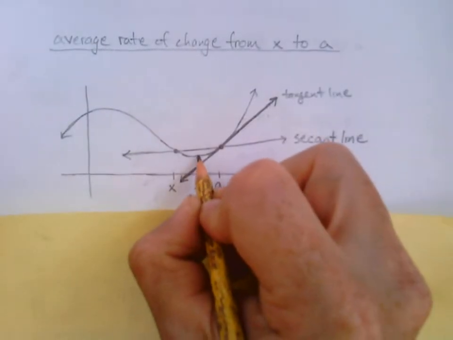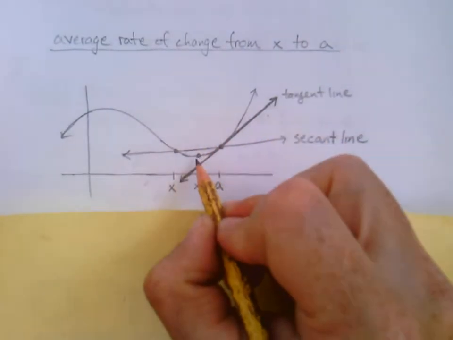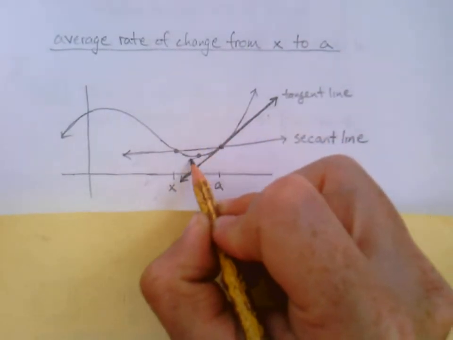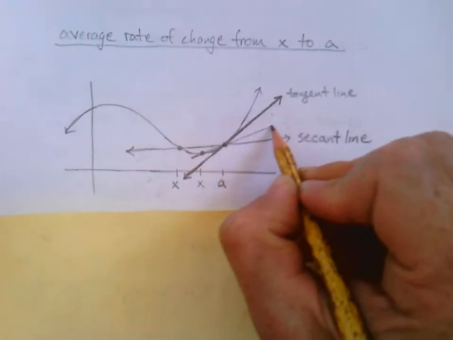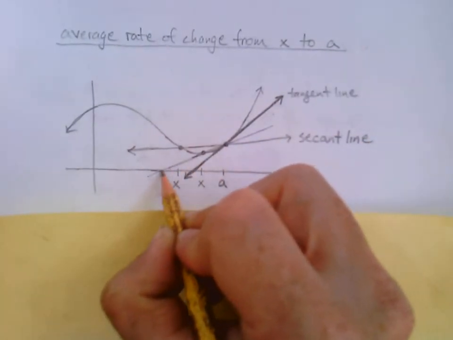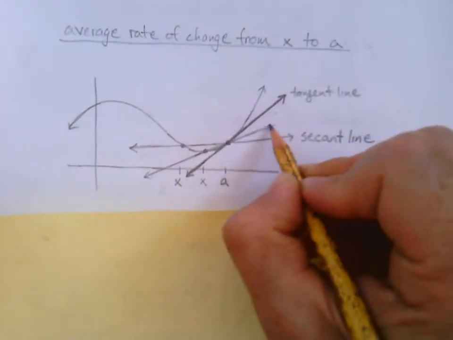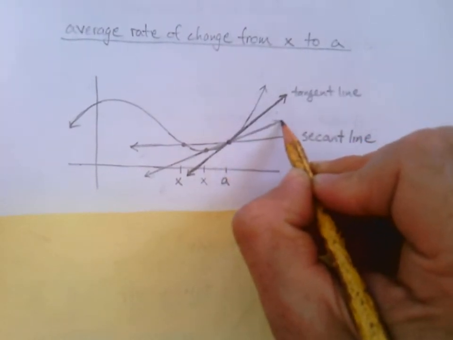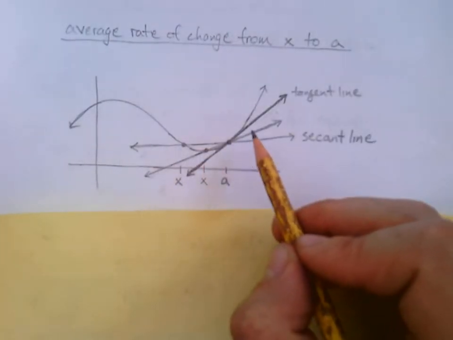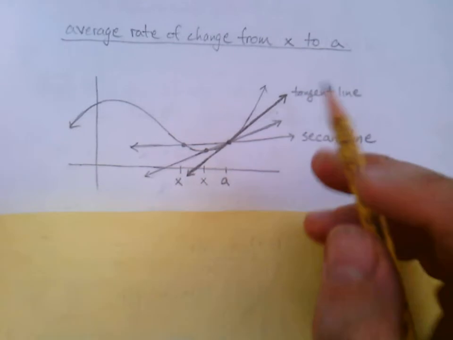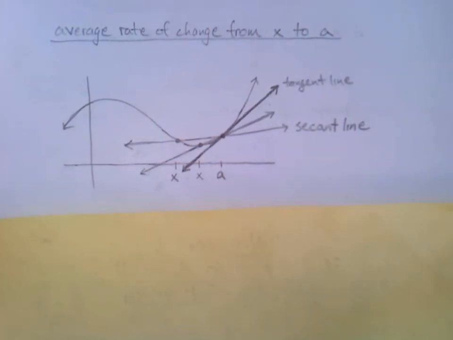And I made the point right here. And then I drew another secant line connecting that new point with a. Like this. I'll extend it back this way, and we'll extend it up. So there's my second secant line. Is this secant line a better approximation to the tangent line? I would say so.